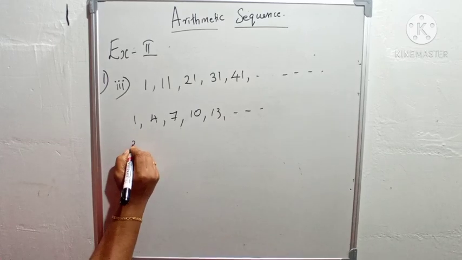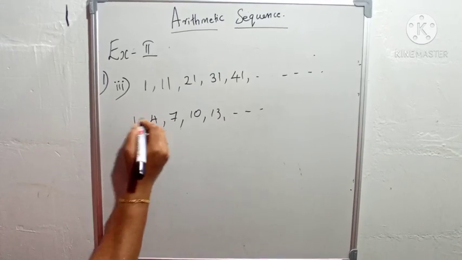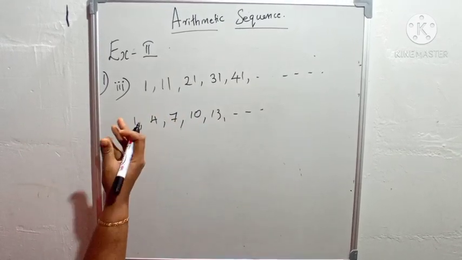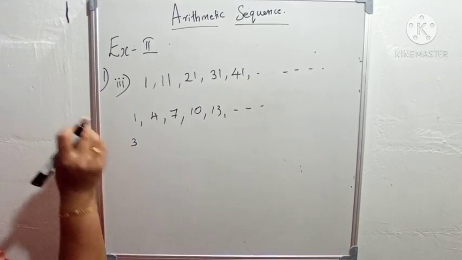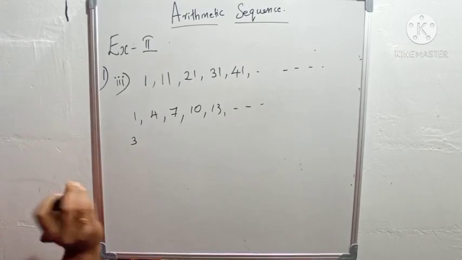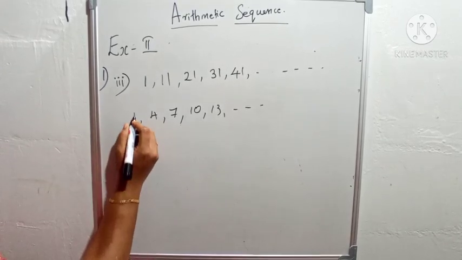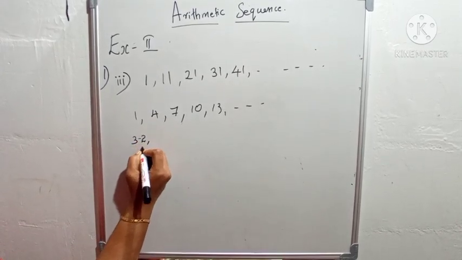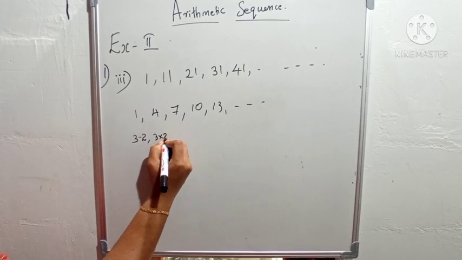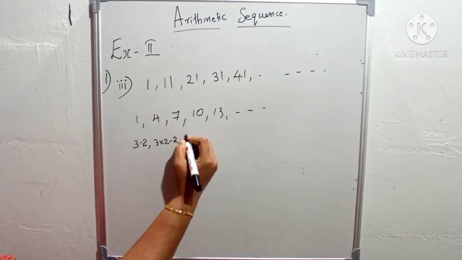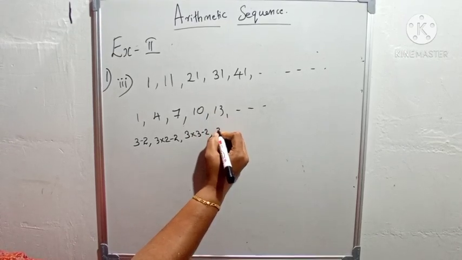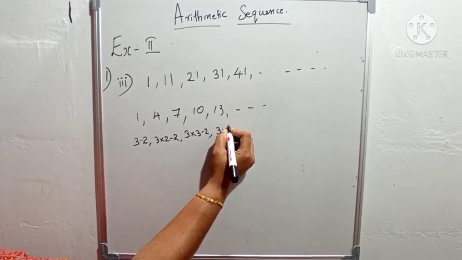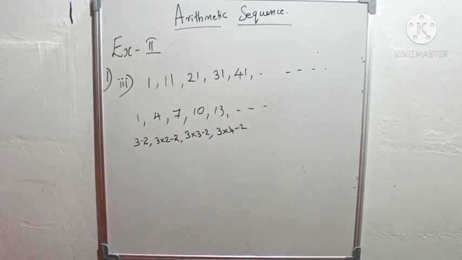Right? We connected each term of this sequence as a connection with the multiples of 3. Okay, that is this one as 3 minus 2, this one as 3 into 2 minus 2, next 3 into 3 minus 2, next 3 into 4 minus 2, like that.